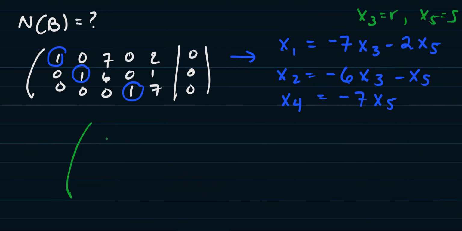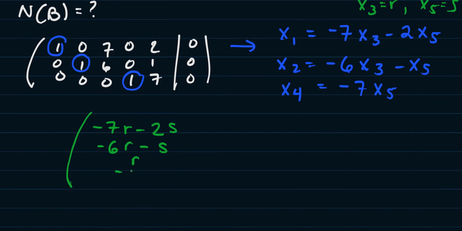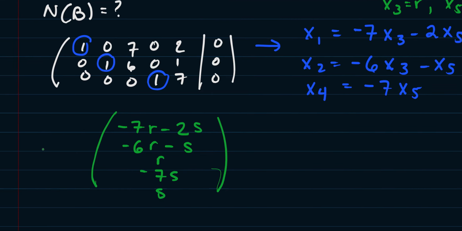The null space consists of vectors that look like -7R minus 2S, -6R minus S, x3, which is R, x4 is -7S, and x5 is S. So the null space is all such vectors where R and S belong to the real numbers.